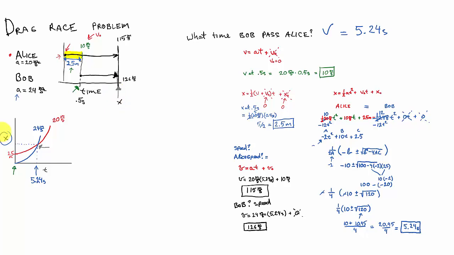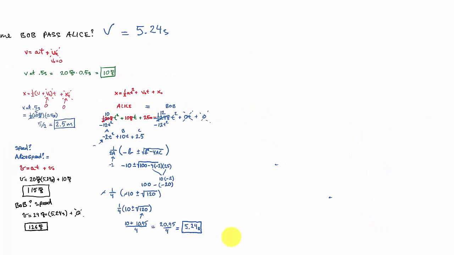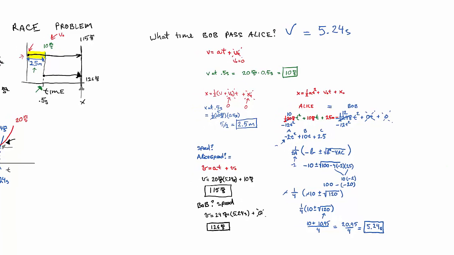What's x at that point? At what x did they both meet? Well, let's see. To solve for x, we can just simply use these equations right here. So, let's plug it in. X equals 1/2 of acceleration.